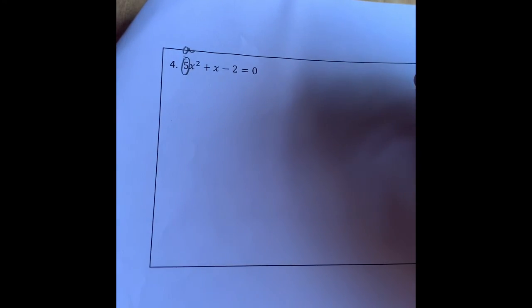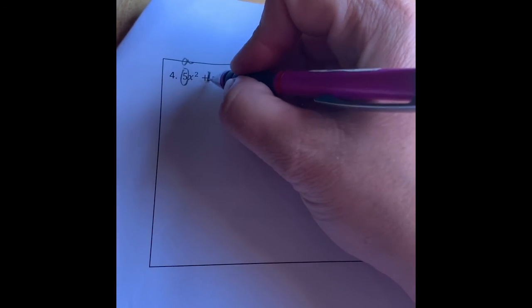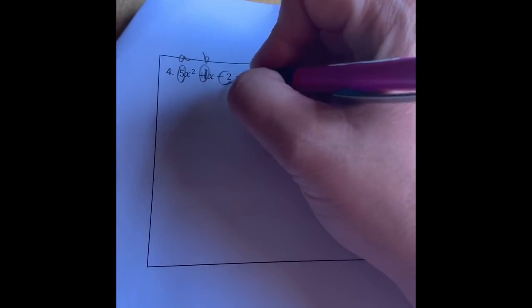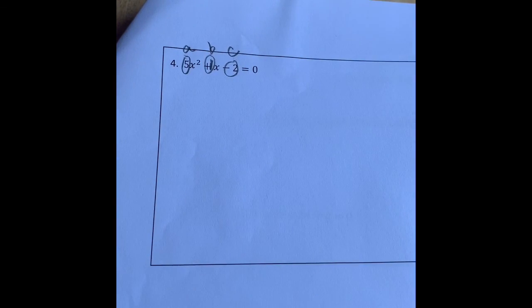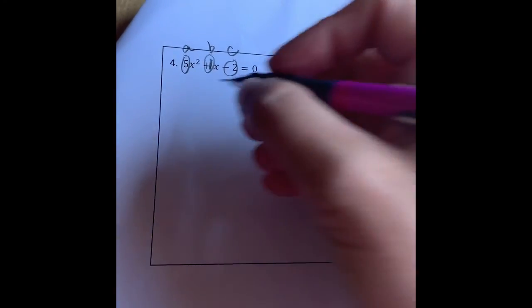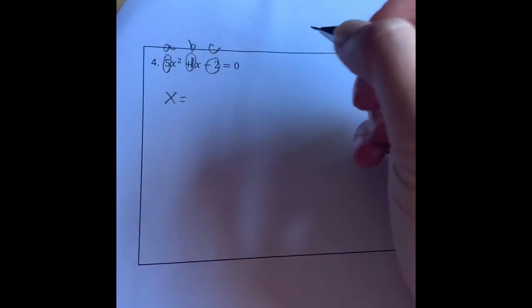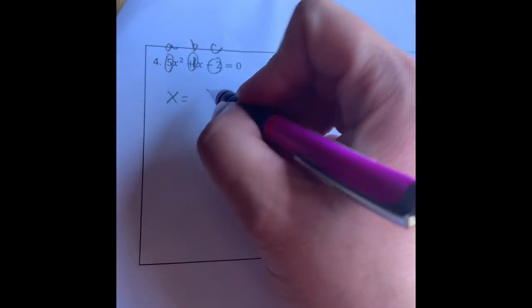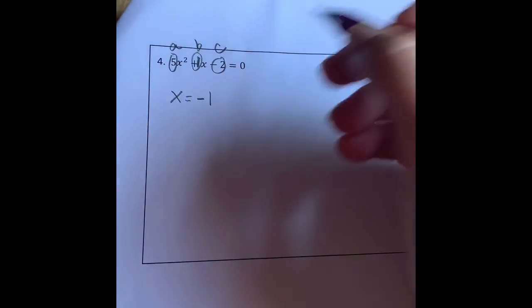We've got one more example. So this one is already in standard form because it's set equal to 0. A is 5. Missing term there, that's your B. And then negative 2 is your C. So plugging those into the quadratic formula, you got negative B. So B was 1, so now we have a negative 1.